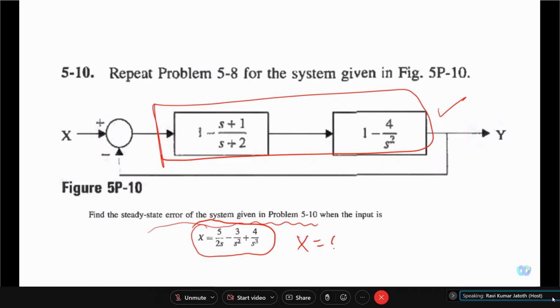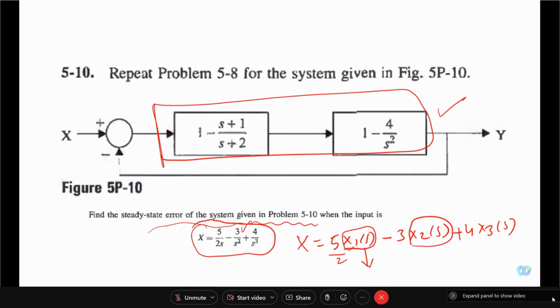Here x is equal to 5 by 2 x1 of s minus 3 x2 of s plus 4 x3 of s. X1 is when the input is a step, x2 is when the input is a ramp, and x3 is 1 by s cube. Is it 4 x3 of s or 2 x3 of s? Tell me.